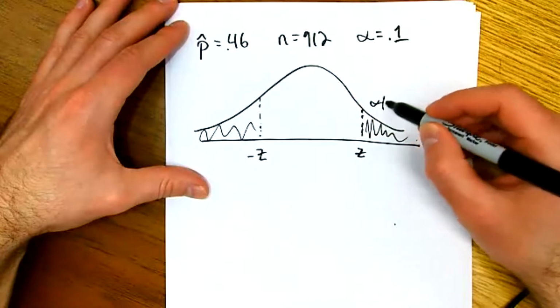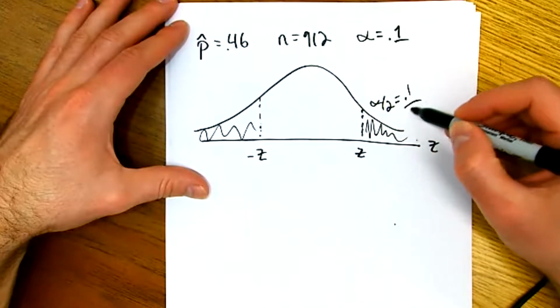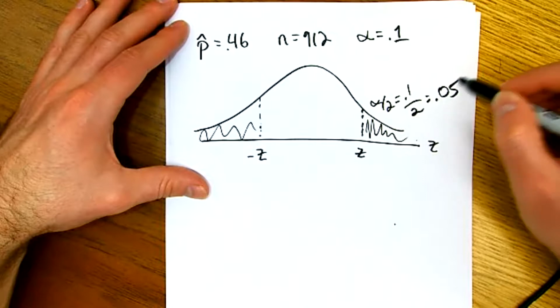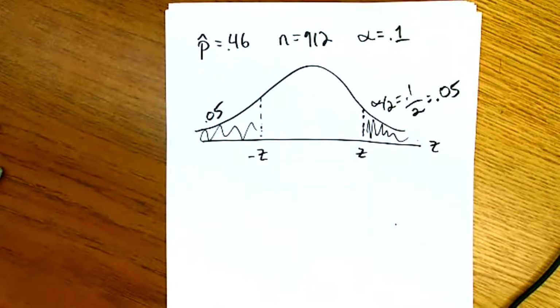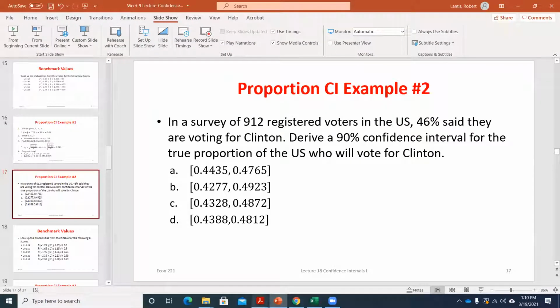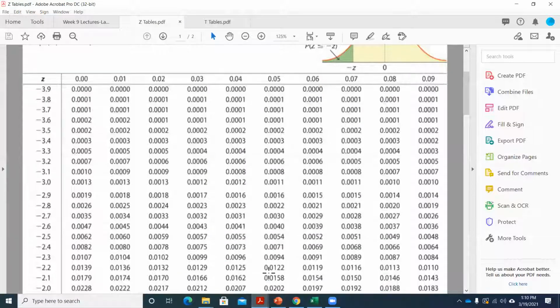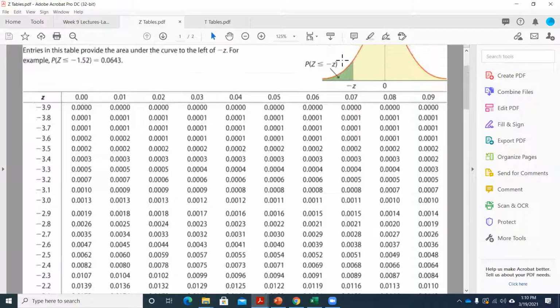So alpha over 2, 0.1 over 2, is 0.05. What z-score is going to give me 0.05 in that tail? Well, I'll go back to my table. I want 0.05 in that tail, and what z-score corresponds to that.